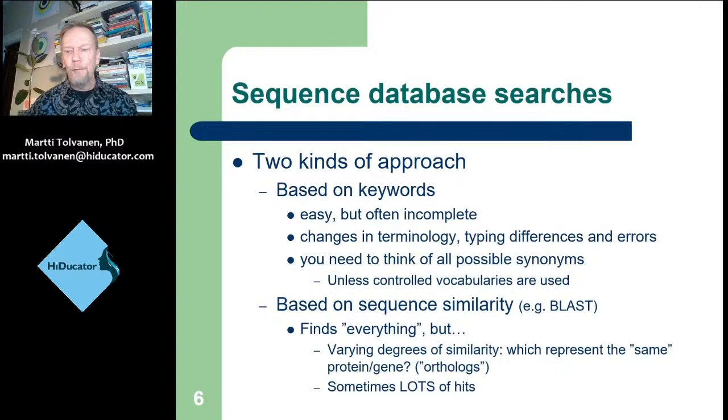But then there's another way of searching. Instead of depending on how well and how correctly the sequences are annotated, you can use the data itself, the sequence, and you can try to find sequences based on sequence similarity. And the thing we are going to be using a lot tomorrow is called BLAST, Basic Local Alignment Search Tool, and that's a lovely way of getting there, but that's for tomorrow.